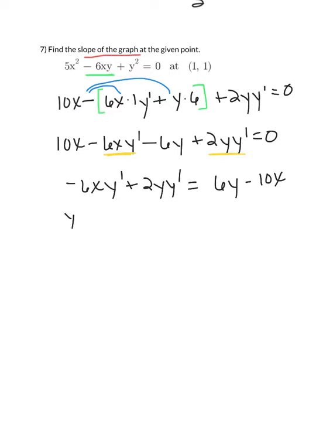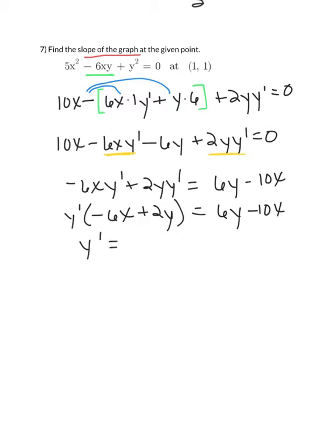Factor out the y prime on the left. You will be left with negative 6x plus 2y inside equals 6y minus 10x. Divide by the quantity to get the y prime by itself, and you will have 6y minus 10x over negative 6x plus 2y.